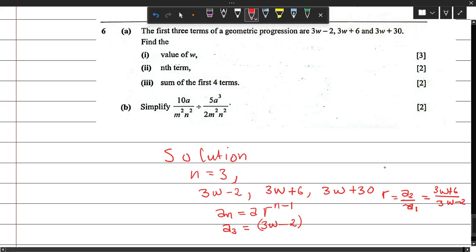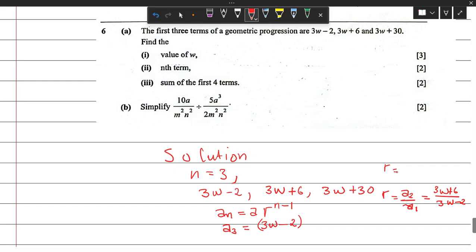So it's the same as well. You can calculate R by dividing A3 by A2. A3 is what? 3W plus 30 over 3W plus 6. These are the same. So you can use any. So for this example, we use this one.